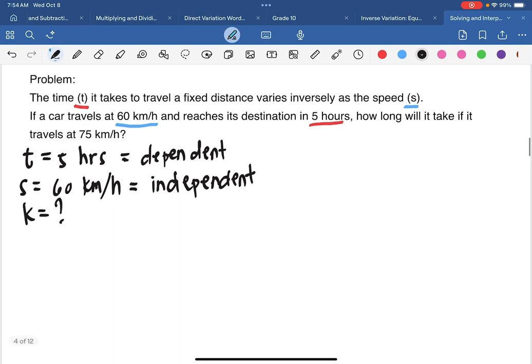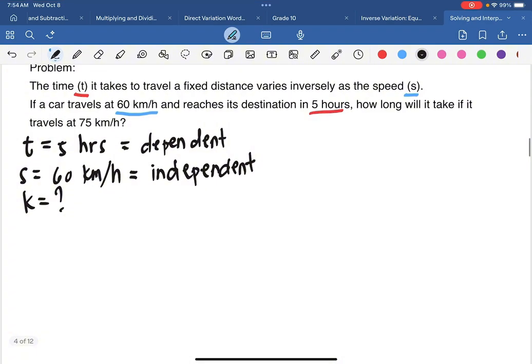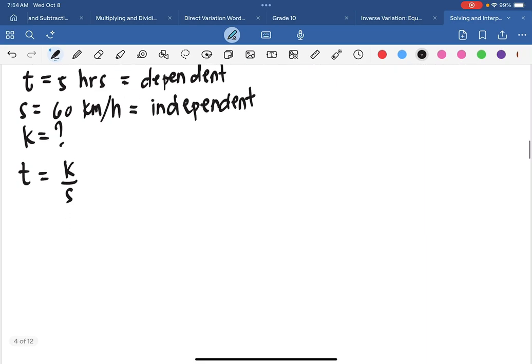But don't forget the form of inverse variation. Using the variables instead of y and x, we have t equals k over s, or t varies inversely as s. Now the value of t is 5 and k over 60. So cross multiplication of 5 and 60, we have 300. And this is the value of our constant.